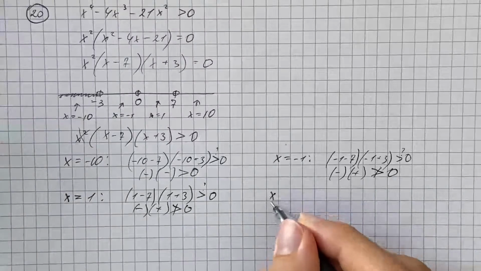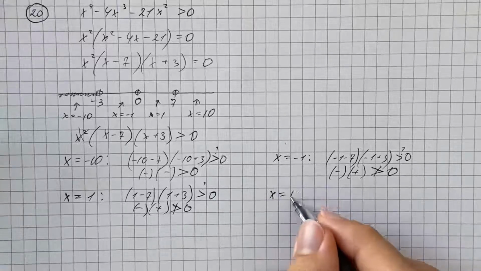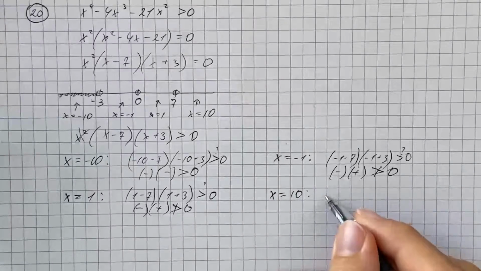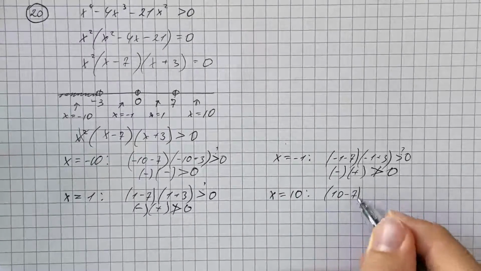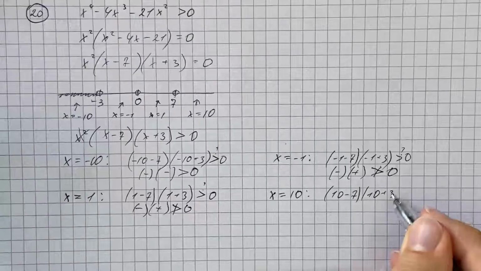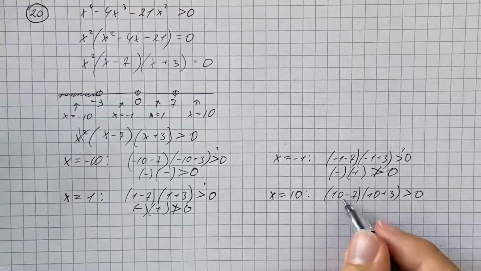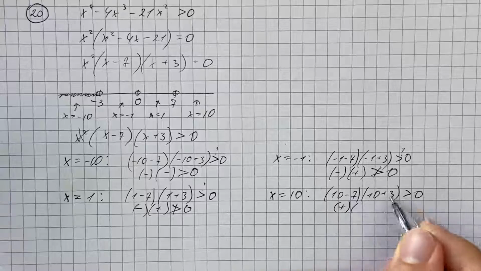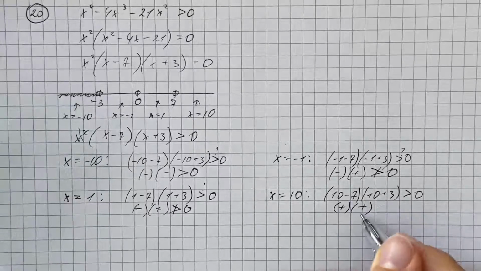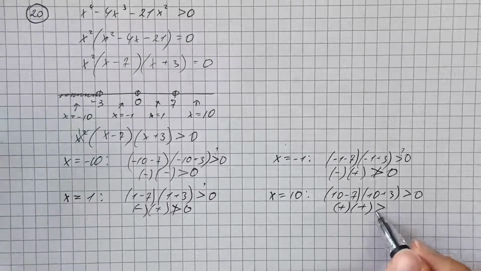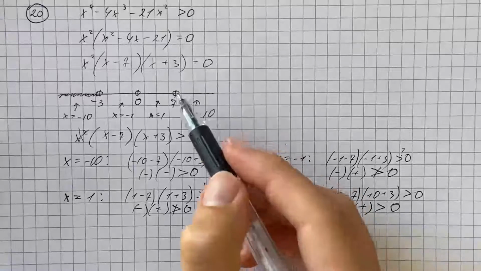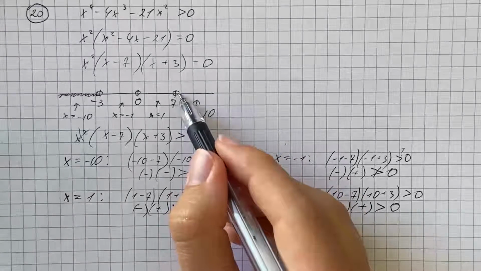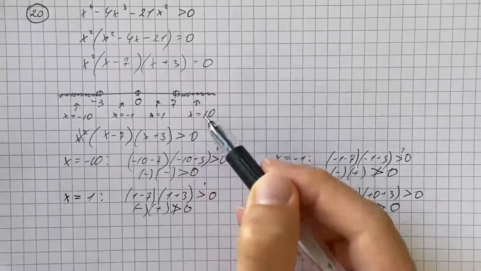And now we're going to check the last x, so that's x equals 10. That's going to be (10 minus 7) times (10 plus 3), and it gives us positive number times positive number, so it is greater than 0. So all numbers which are greater than 7 will satisfy our solution.